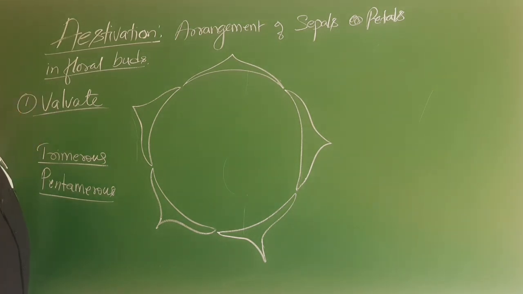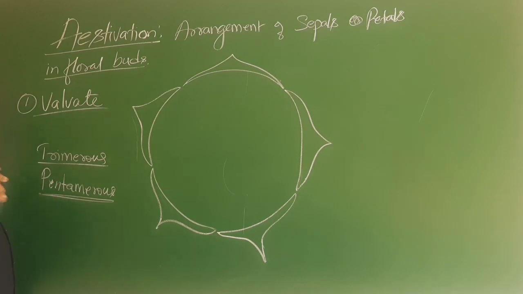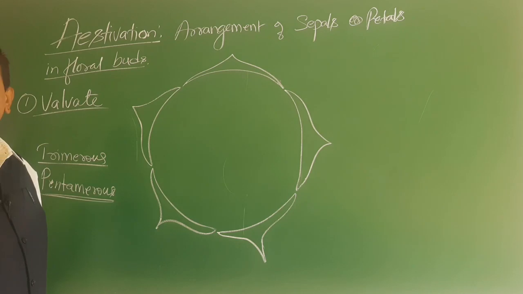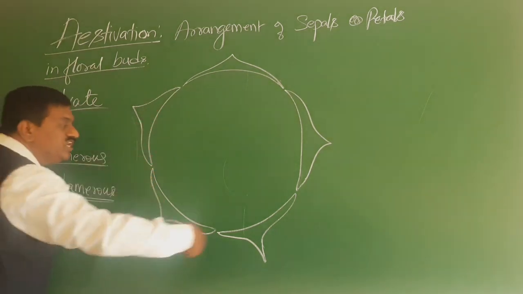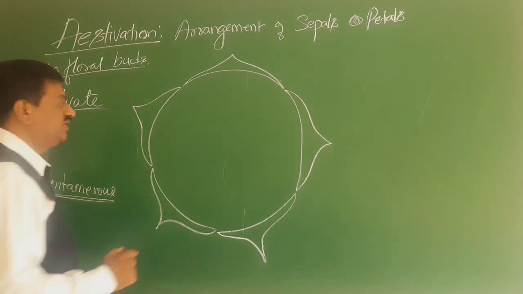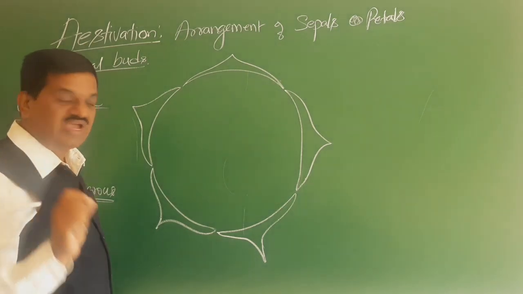When there are three petals, or three sepals, or three perianth, we use the word trimerous. This is present in the monocots. Whereas in a dicot, it is a pentamerous condition. The meaning of pentamerous is 5 sepals or 5 petals. So in a dicot flower there is a presence of 5 sepals or 5 petals, hence we use the word pentamerous.